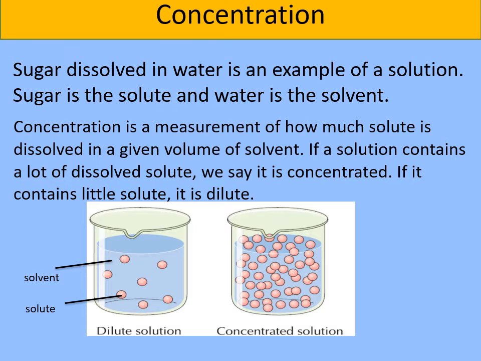In other words, how much sugar is dissolved in a given amount of water. If a solution contains a lot of dissolved solute, like in the picture on the right below, then we can say that it is highly concentrated. But if it contains just a little bit of salt or sugar, then we say it is diluted. So it's a dilute solution.